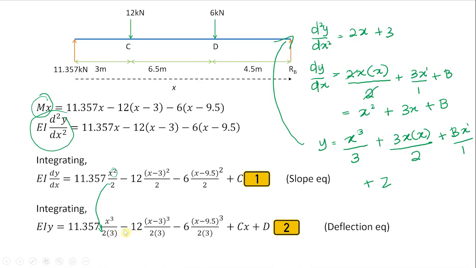And then minus 12 (x minus 3); you multiply again by x minus 3, so it becomes power 3.